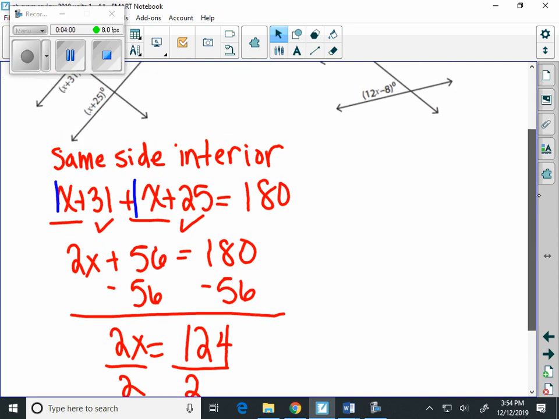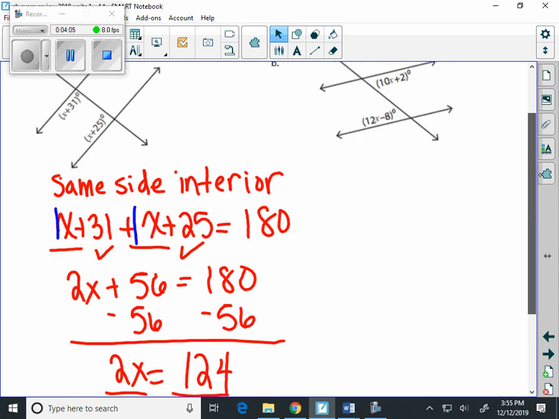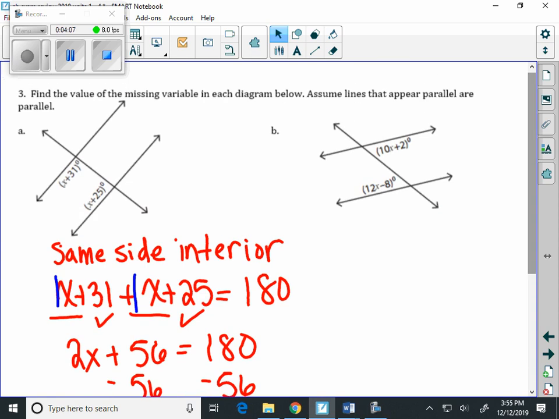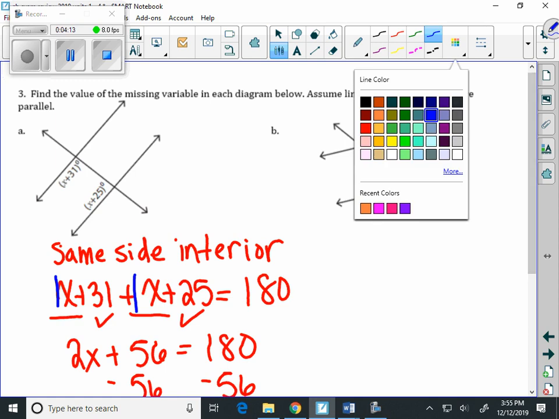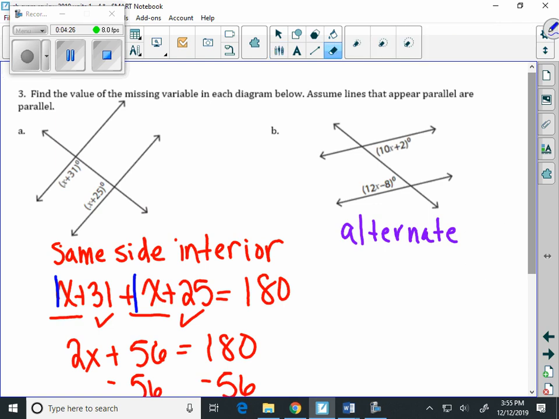The key on these types of problems is being able to recognize what kind of angle we're working with. And on this next problem, we're working with alternate interior angles.